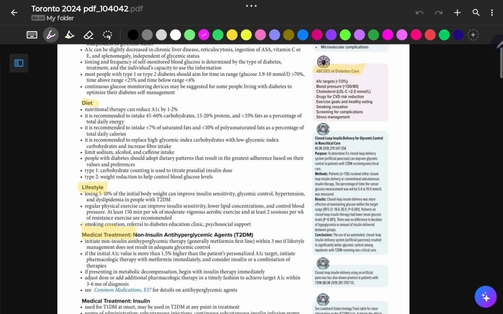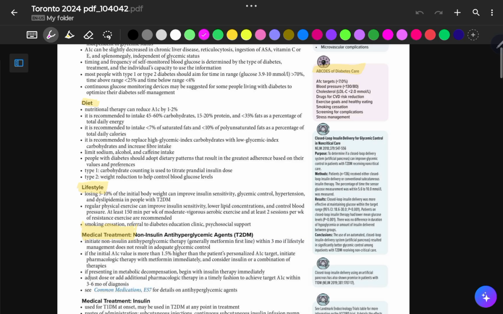It is recommended to intake less than 7% saturated fat and less than 10% polyunsaturated fat as a percentage of the daily calories. It is recommended to replace high glycemic index carbohydrates with low glycemic index carbohydrates and increase fiber intake. Limit sodium, limit alcohol, limit caffeine intake. People with diabetes should adopt a dietary pattern that results in the greatest adherence based on their values and preferences.